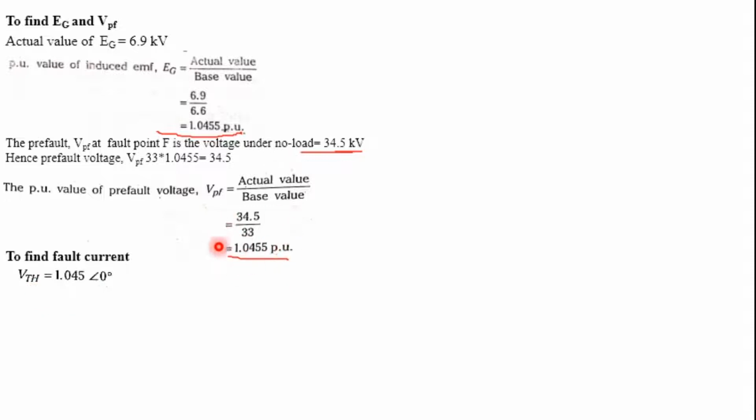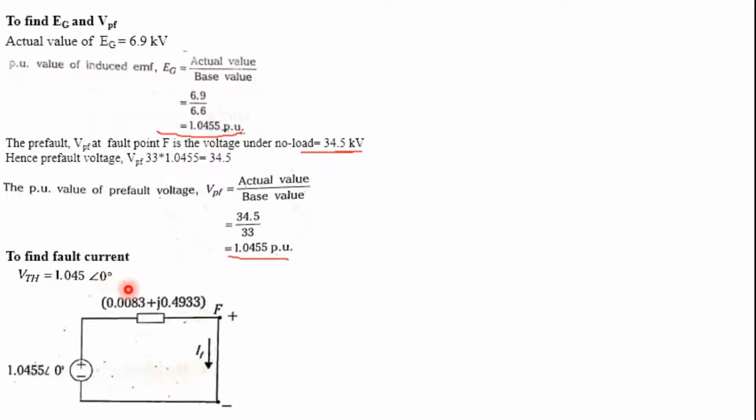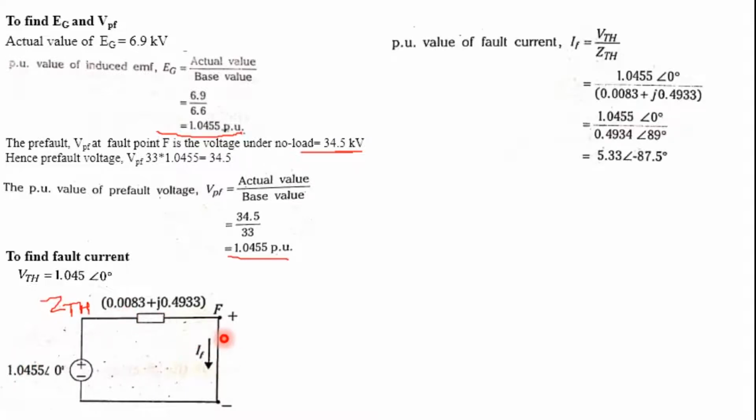Then to calculate the fault current, what is VTH? With the help of VPF we got 1.045 per unit. By using the Thevenin circuit we can draw a source and an impedance. This impedance is ZTH, the Thevenin equivalent impedance. With this source voltage and ZTH we have to calculate IF.